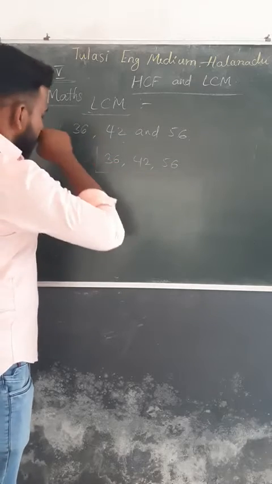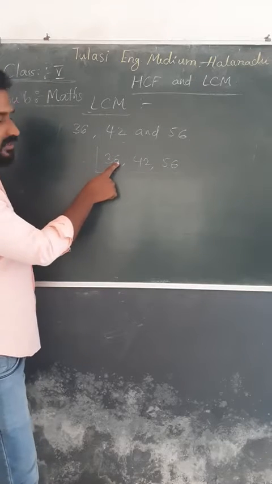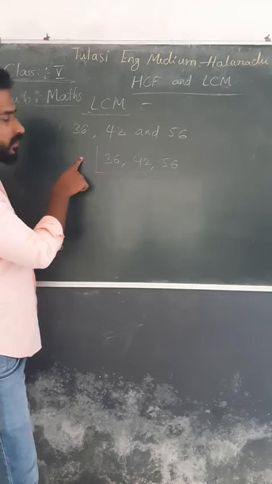36, 42, 56. If one number is divisible by 2, you have to start dividing by 2.